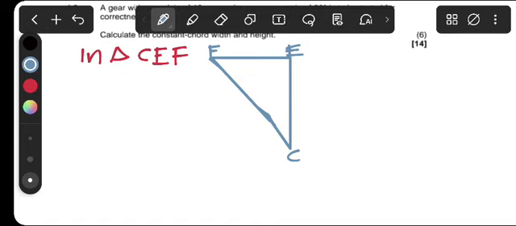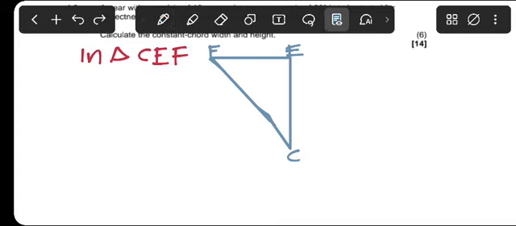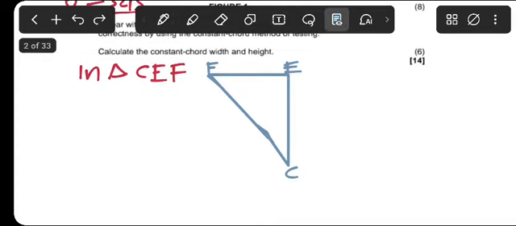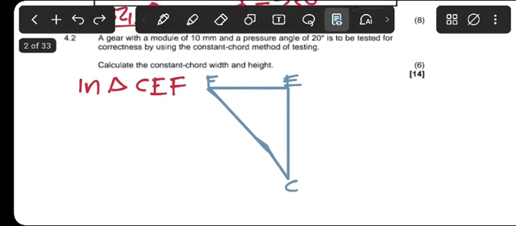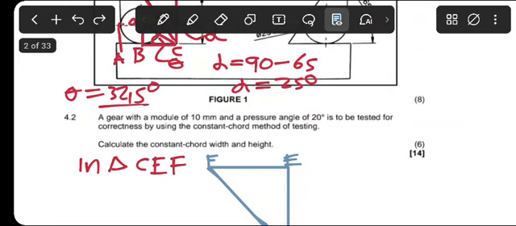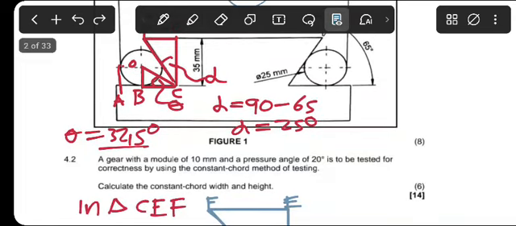We have said this is alpha. What is alpha? We called that to be, let's check, 25 degrees. The alpha there was 25.